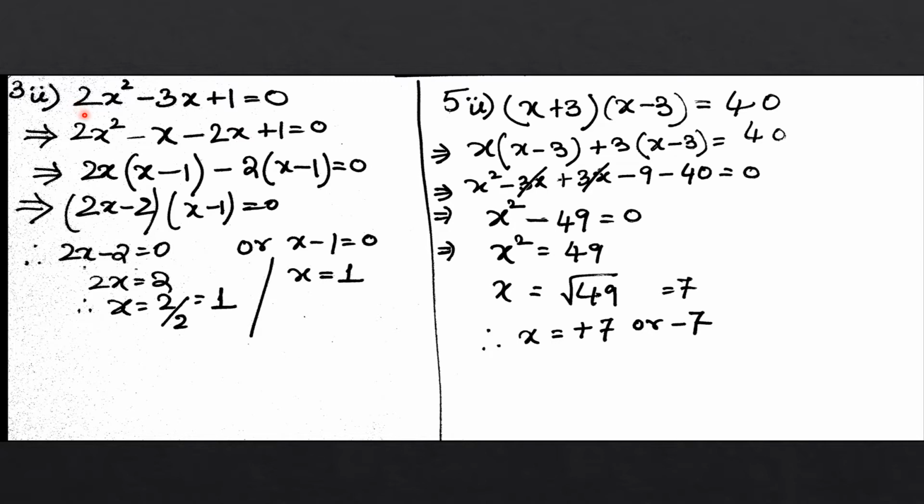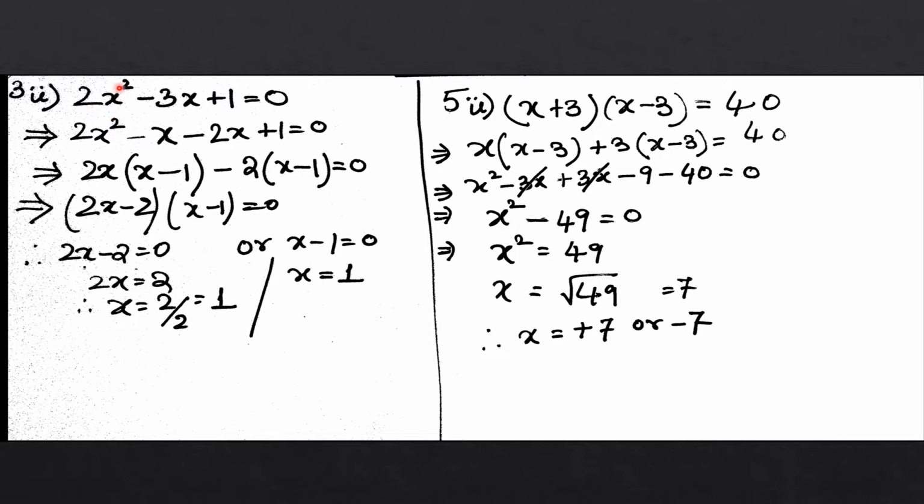So you can take this as ax square plus or minus bx plus c equal to 0, where the values of a, b and c are real numbers and a is not equal to 0. Such equations are called quadratic equations with the variable x.